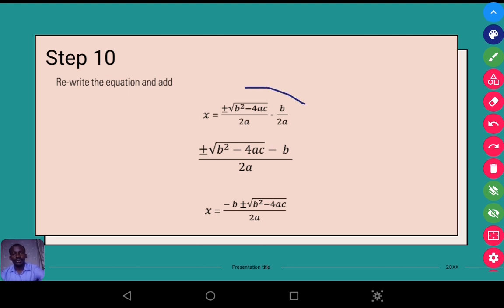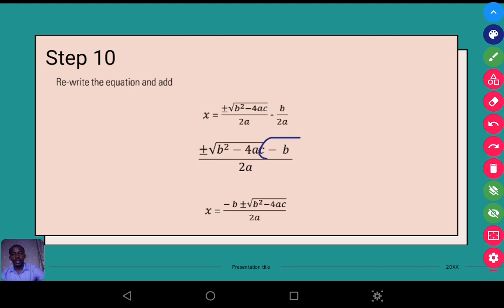So here we have this minus b over 2a, and so we have 2a, which is common to the denominators. So we have it as the LCM, the lowest common multiple, and then we write exactly what we have here, minus b.